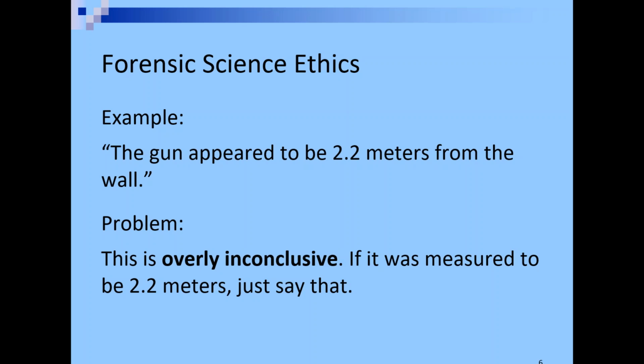But if it's a number that's spit out by an instrument, or if you match 15 minutiae in a fingerprint, don't say, we match about 15 or so. No, specifically state it. Hopefully you guys can start to see the difference between stating a measurement, which is specific, and the conclusion, which can be more of a range.